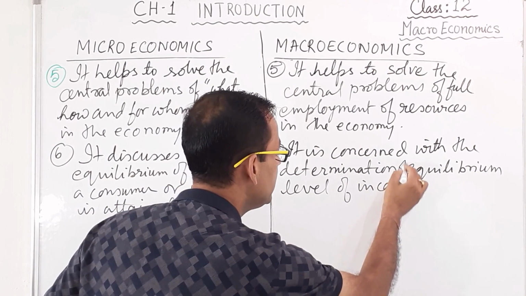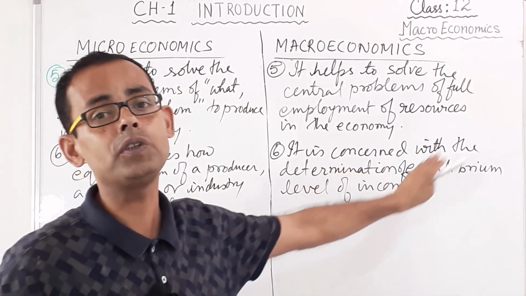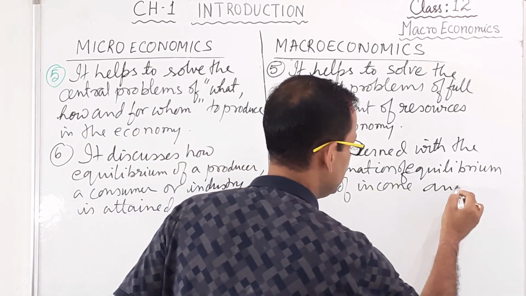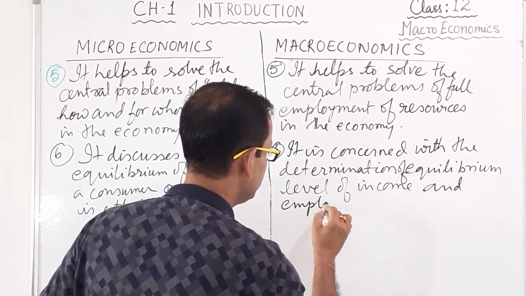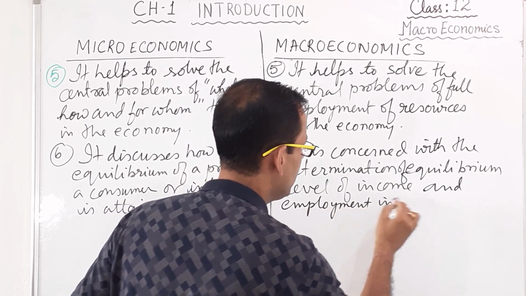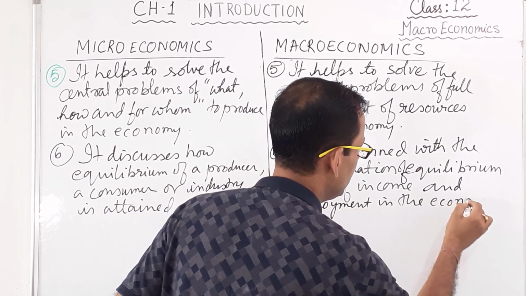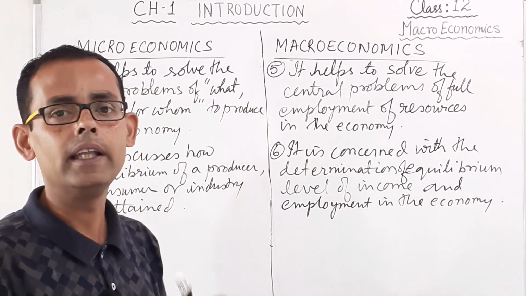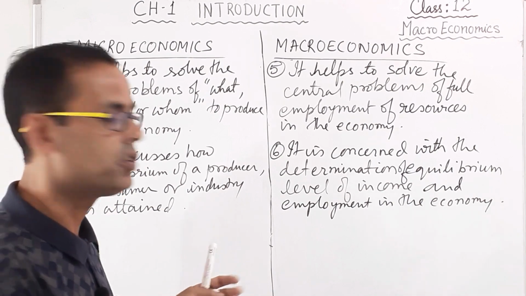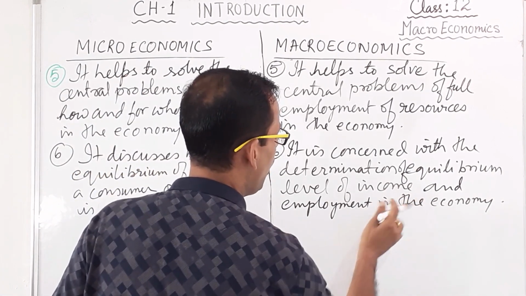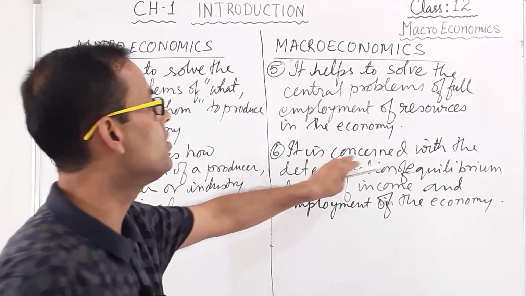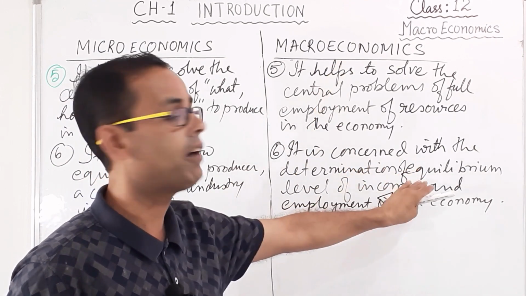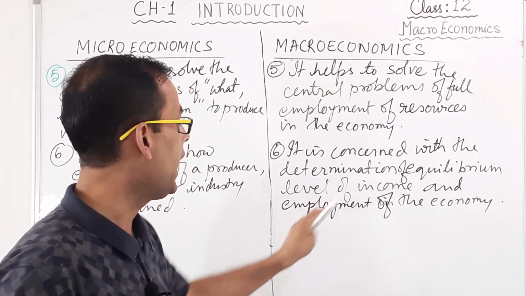I forgot to write here "of". Under macroeconomics, it is concerned with the determination of equilibrium. That means through macroeconomics we can find out the equilibrium level of income and employment.